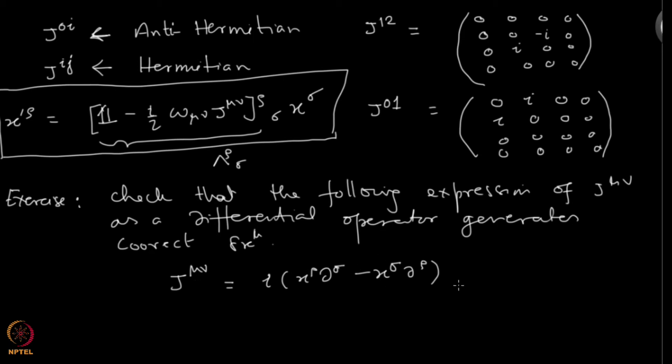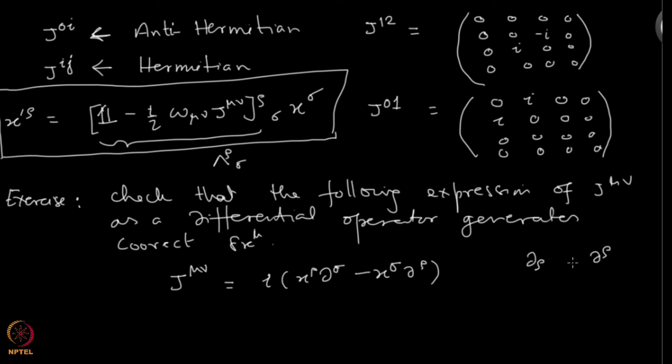All you will have to remember in this entire derivation is that del rho and del rho with the index up are related by raising the index using eta mu nu.